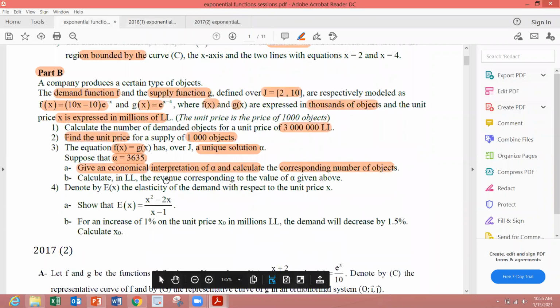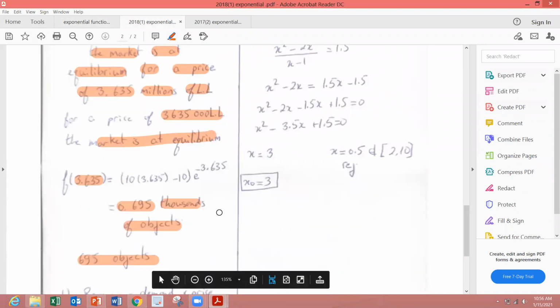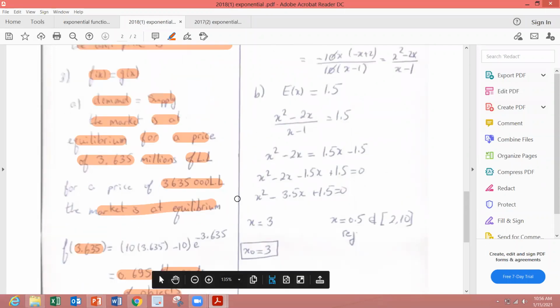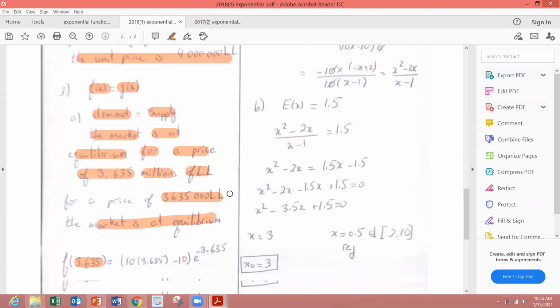Calculate in Lebanese lira the revenue. What is the revenue equal to? Revenue is equal to price times demand. What is the price and what is the demand?